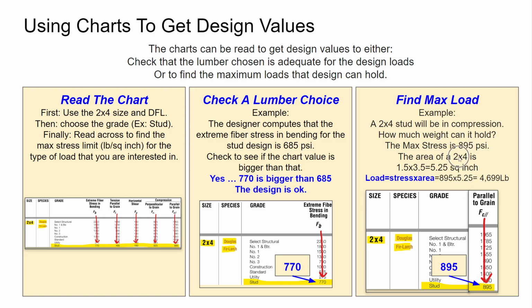So the area of a 2x4 is 1.5 by 3.5. That's 5.25 square inches. So the load is stress, pounds per square inch, times the area, square inches. That 2x4 can handle almost 4,700 pounds in compression. Seems like a pretty good load. So that's how we use these charts.